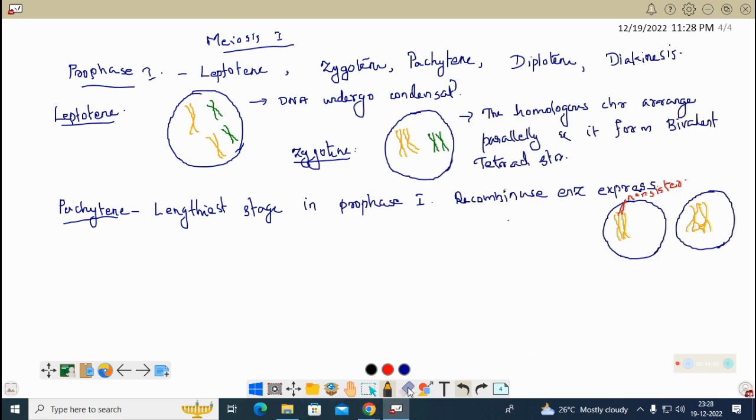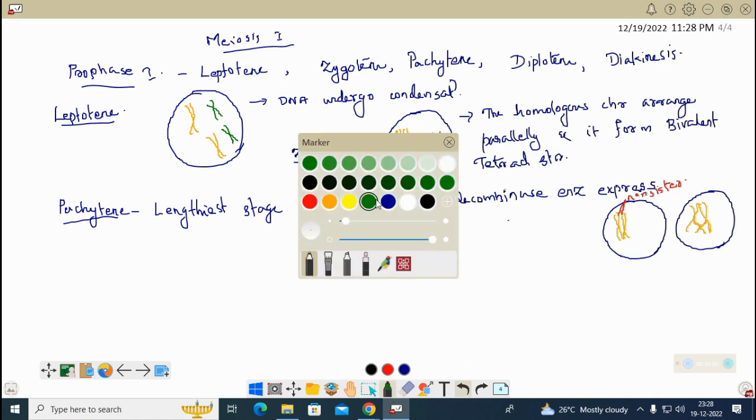When the recombination nodule occurs, that will undergo recombination. This recombination nodule formation occurs between the non-sister chromatids of homologous chromosomes, and that is because of the recombinase enzyme.